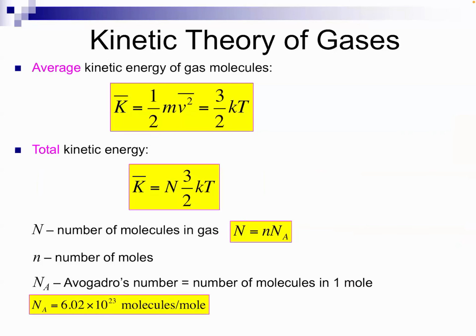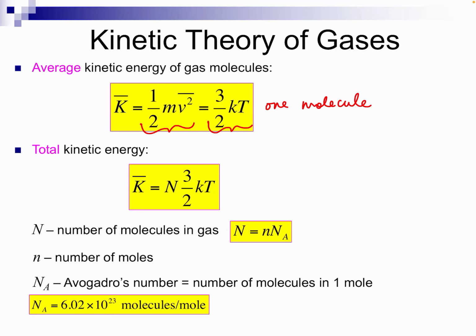Just to summarize, the average kinetic energy of the molecules is equal to 1/2 m times the average of v². It's also equal to 3/2 kT. The first one is from the definition of kinetic energy; 3/2 kT is what's derived from the kinetic theory of gases. This is the average kinetic energy of one molecule.